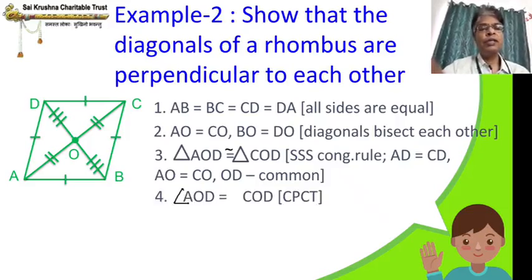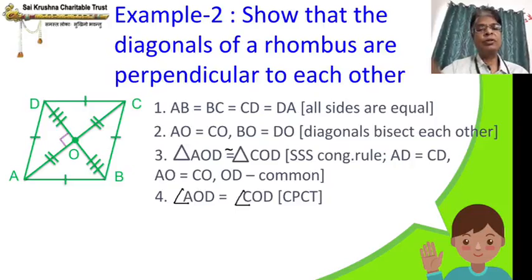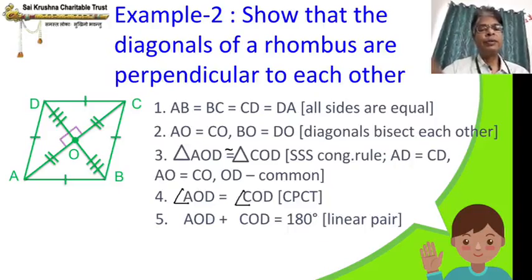Angle AOD equal to angle COD, corresponding parts of congruent triangles. Correct? Angle AOD, COD. I have put the angle symbol and color also. So, both are equal. Angle AOD plus angle COD equal to 180 degrees. It is a linear pair. All of you know.